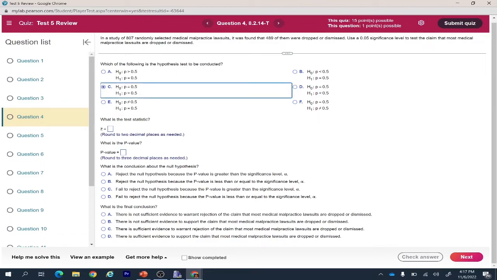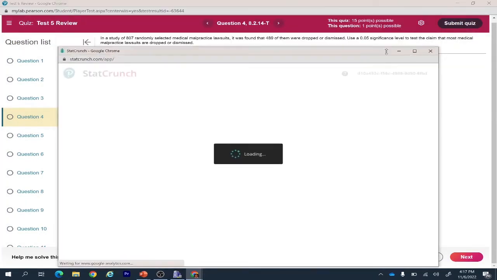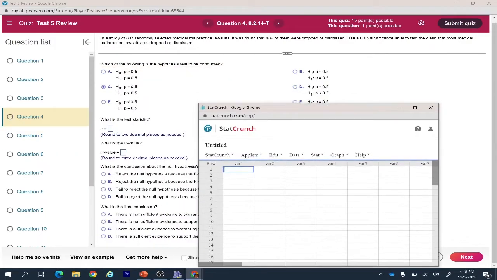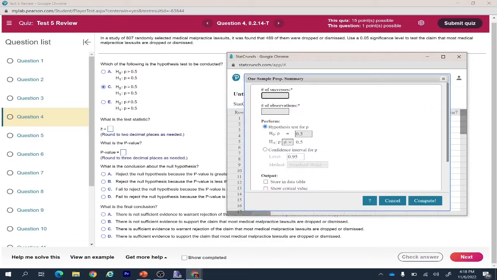Now, to find the test statistic z-score, there are two ways you can find it: by using technology like a TI-83/84 calculator, or by using StatCrunch. I'm going to use StatCrunch here. So go to Stat, Proportion, One Sample, With Summary. As you can see here, out of 807, 489 were successes.